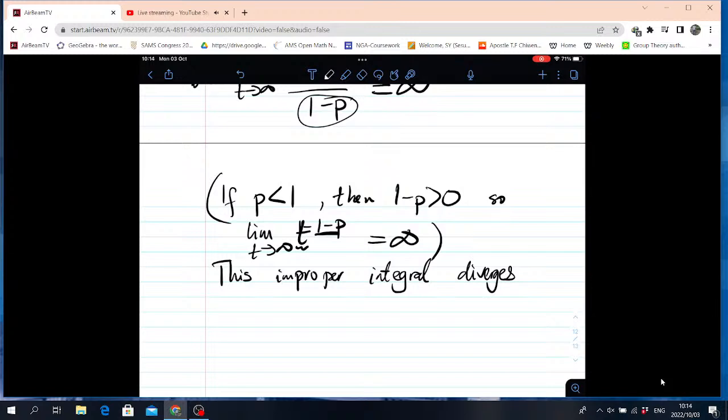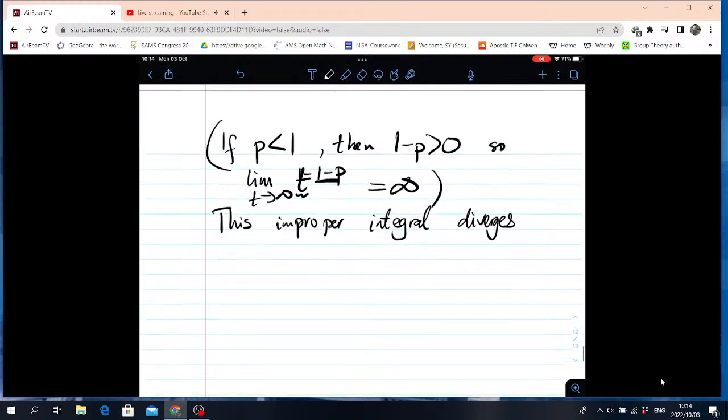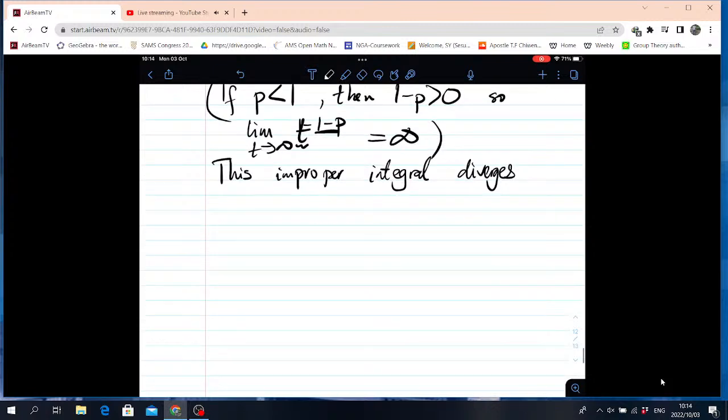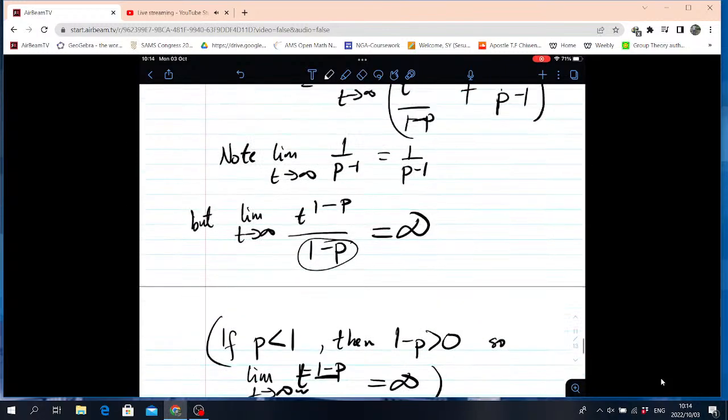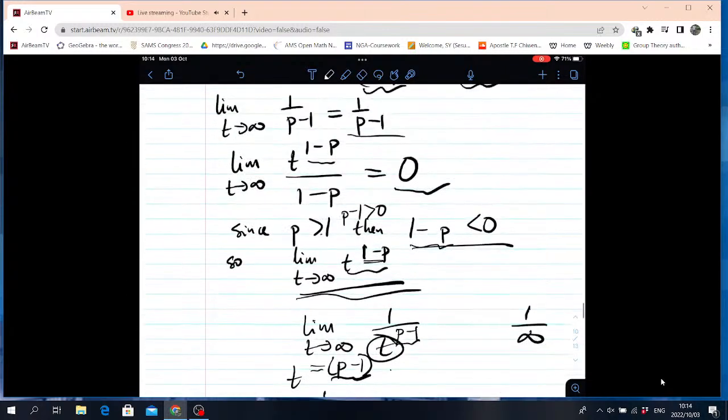What it means is, the integral from 1 to infinity of 1 over x to the p dx converges if and only if p is greater than 1, from what we saw in our 3 cases.